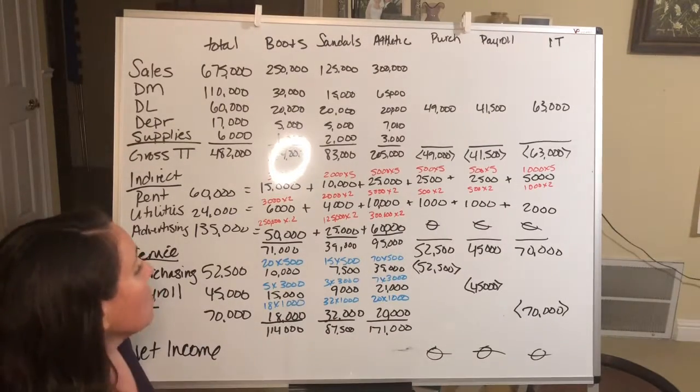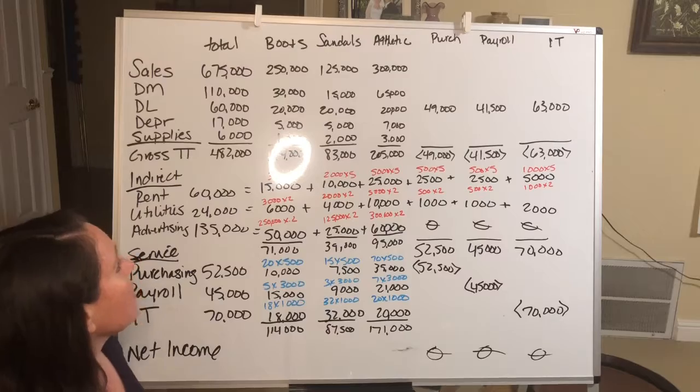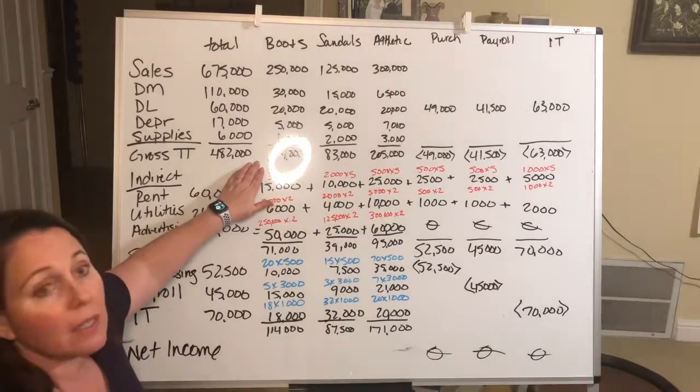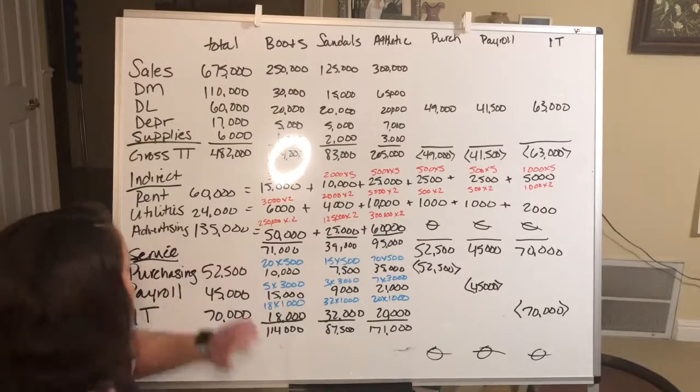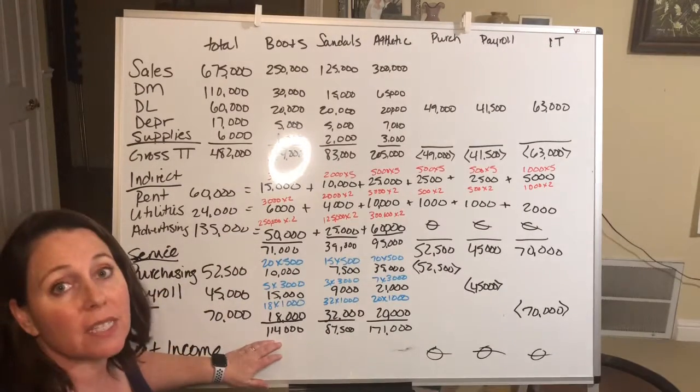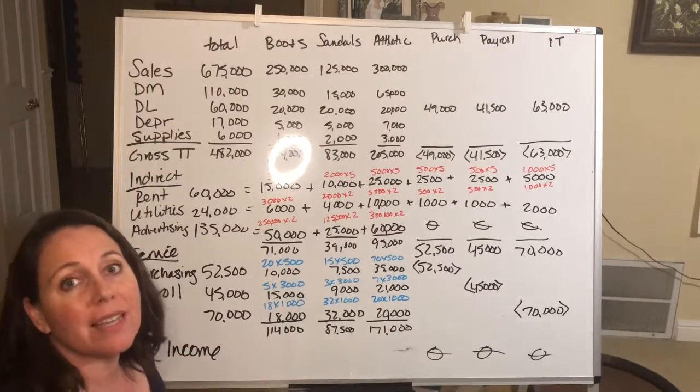So now, for each of our profit centers, we'll take our gross profit minus our allocated indirect costs minus our allocated service costs, and that will give us net income.